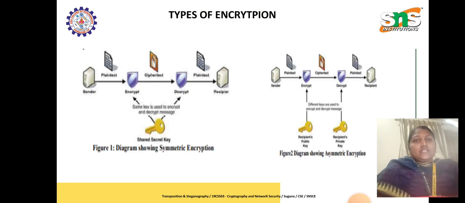Here we can go for two types of encryption, which are symmetric encryption and asymmetric encryption. In symmetric encryption, identical keys are used on the sender side for encoding the plain text as well as on the receiver side for decrypting it. In the asymmetric key algorithm, a public key is used on the sender side for encryption, while a private key is used by the receiver for decrypting a message.